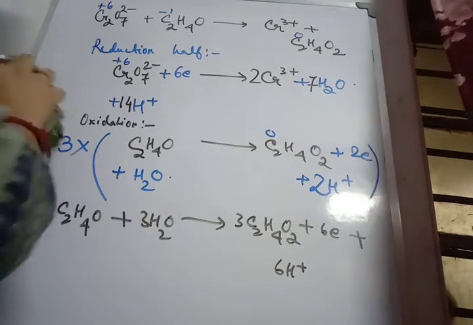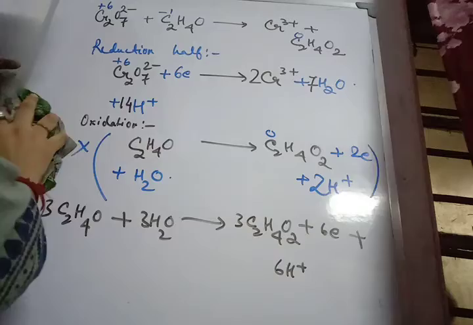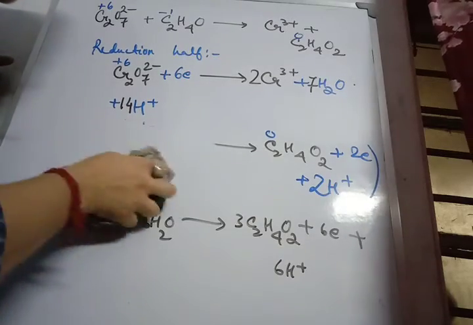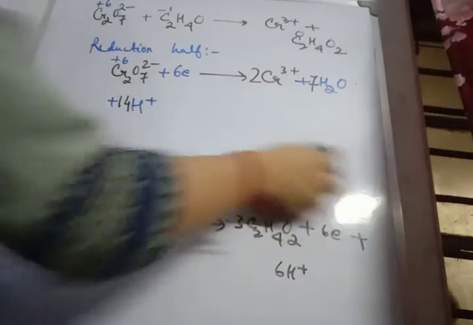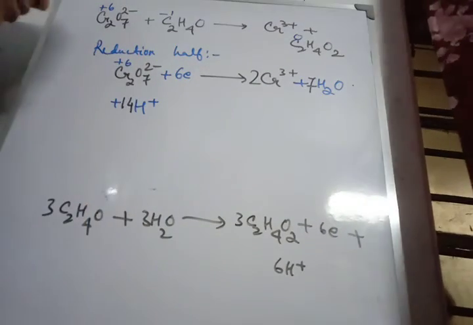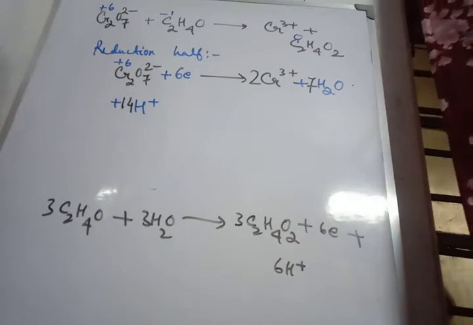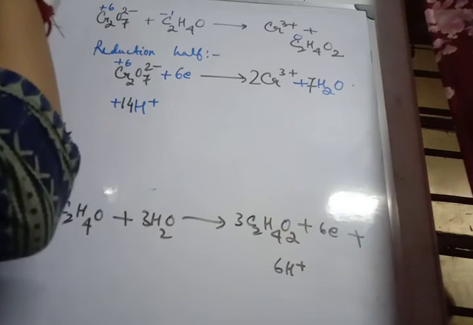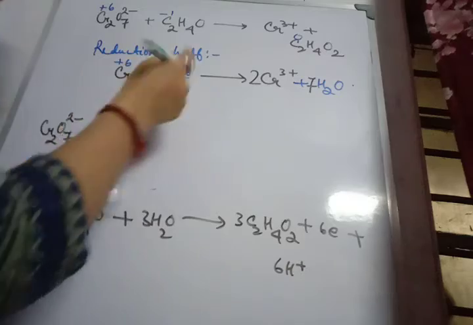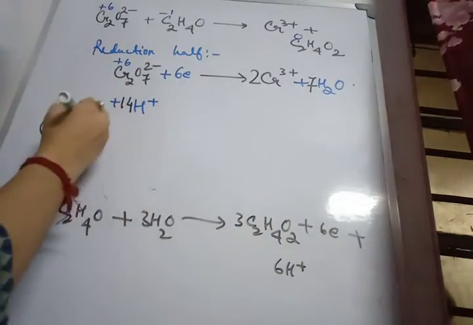Now we are going to combine these two reactions and give the overall reaction. That means we have to add them, and the 6 electrons will be cancelled.